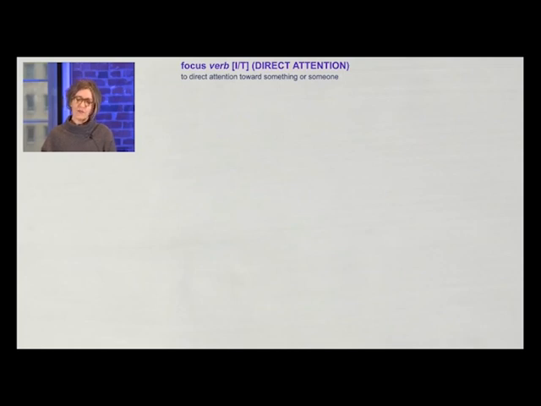So focus is related to attention, but then what is the relation of attention to intention? And what is attention?